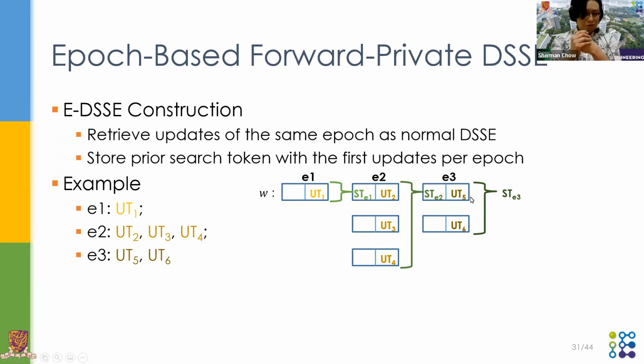And yes, echoing an earlier observation, that is like having the writer stay requirement for most common forward private DSSE. That is also for efficiency concern. So for the construction idea, we append this search token.